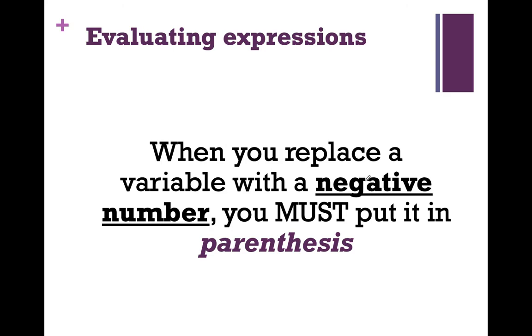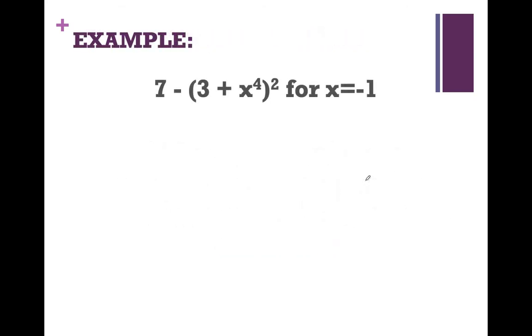Okay, so where this really comes into play is when you're evaluating expressions. If you have to replace a variable with a number, if that number is a negative number, you must put parentheses around it. There is not necessarily going to be parentheses in the expression. You have to put them in yourself. So let me show you an example of what I mean.